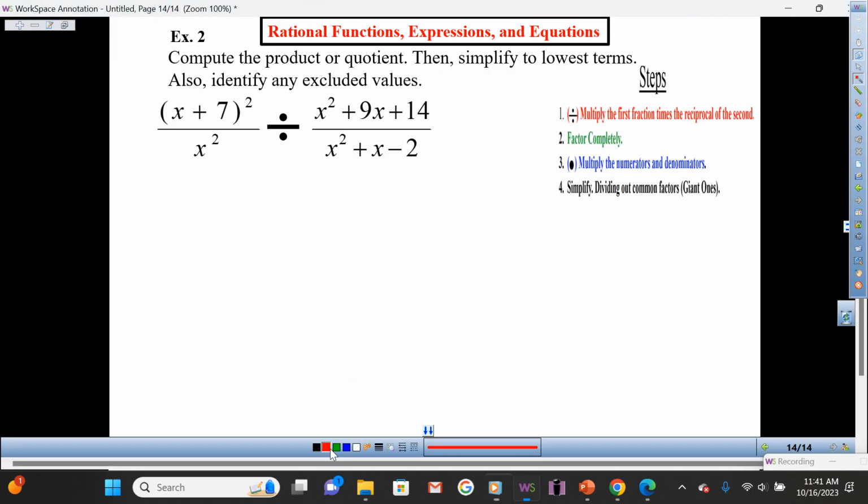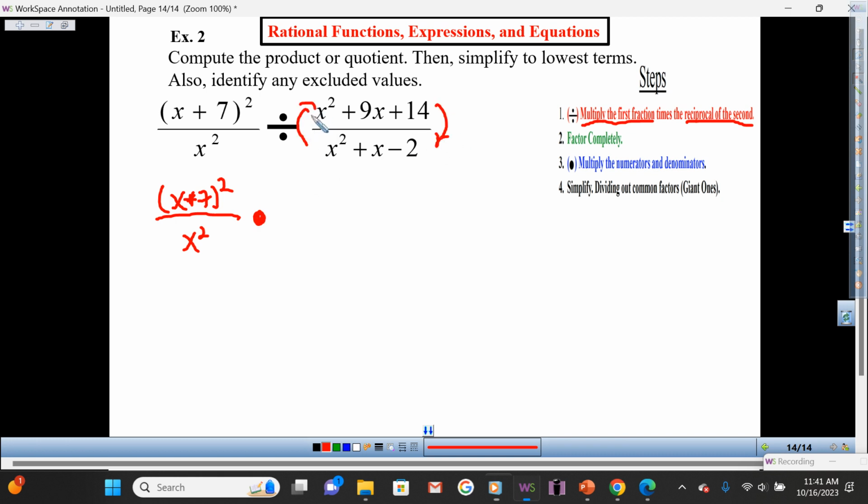It says multiply the first fraction times the reciprocal of the second. So we're going to multiply (x + 7) squared over x squared times, what is the reciprocal of the second fraction?